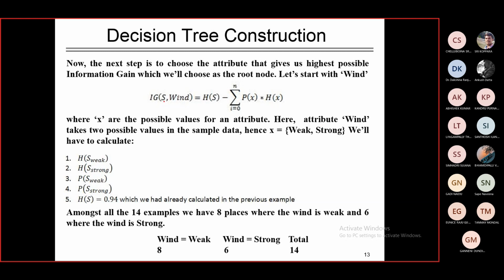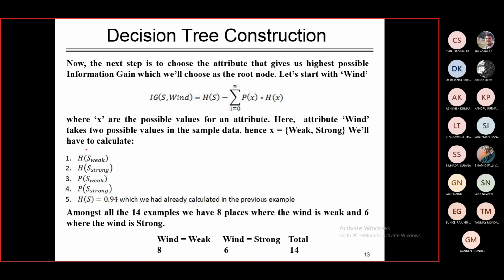The attribute we have chosen is wind. The wind attribute takes two possible values, as I showed earlier: one is weak, another is strong.